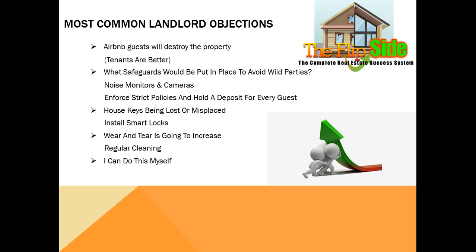You can even discuss with them that you strictly enforce certain policies and hold a deposit for every guest. So they know that the guests don't want to lose that deposit, they're less likely to damage the property.